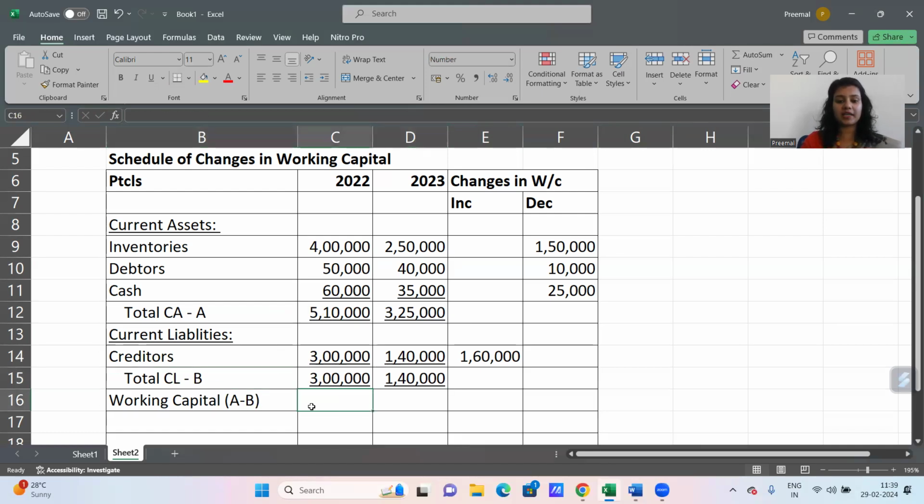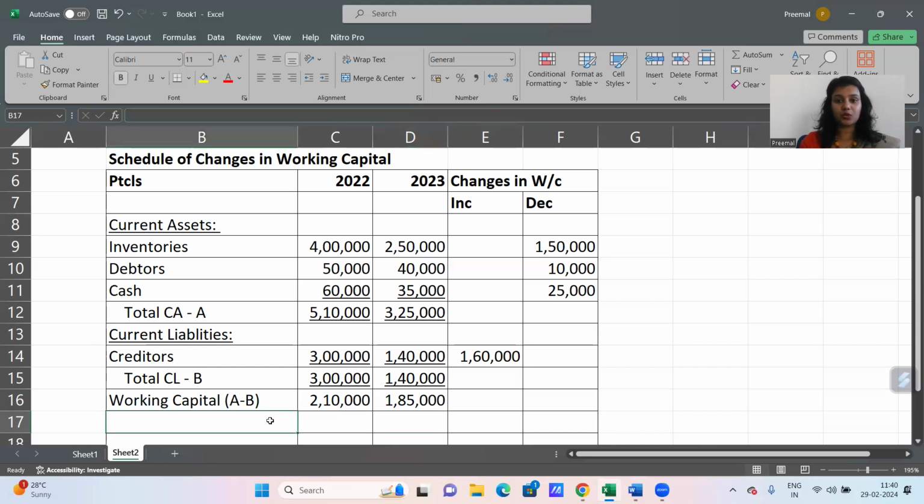Now we calculate the working capital. Over here, working capital is calculated by current assets minus current liabilities. So you have 5,10,000 minus the total of current liabilities. You get a working capital of 2,10,000 in the first year. Likewise, calculate the working capital in the second year, 3,25,000 minus 1,40,000. So you notice the working capital increasing from the first year to the next year.